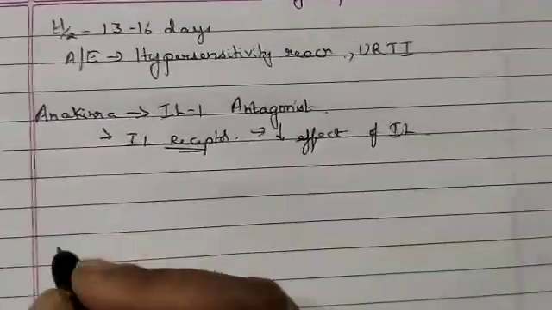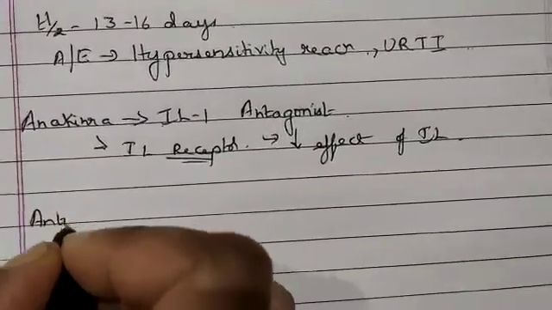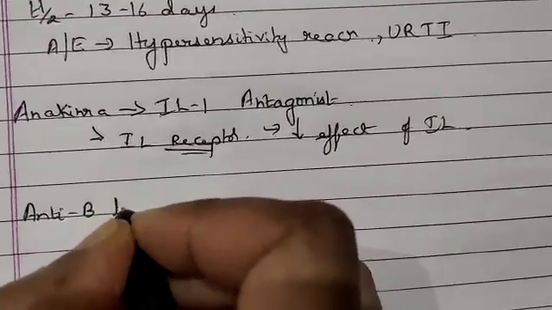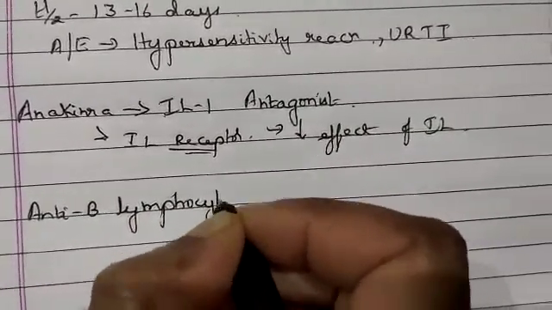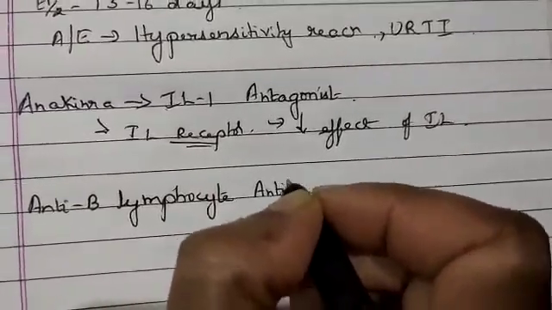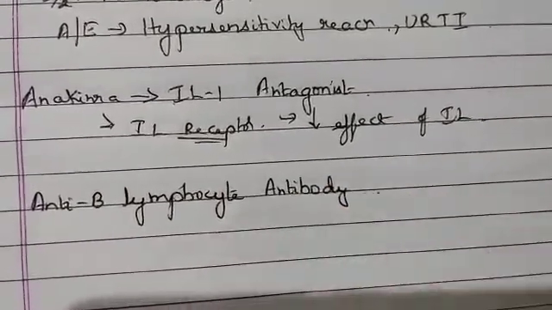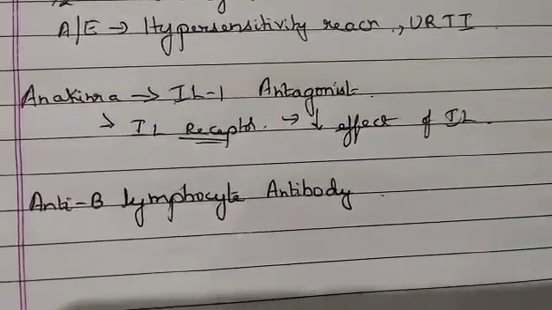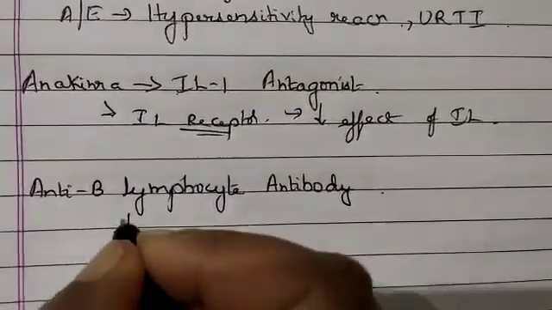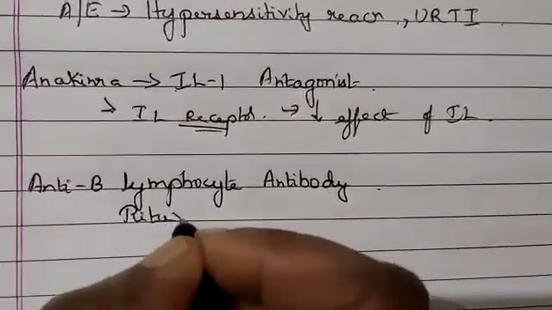The next class of drug is anti-B lymphocyte antibody. An example of this drug is rituximab.